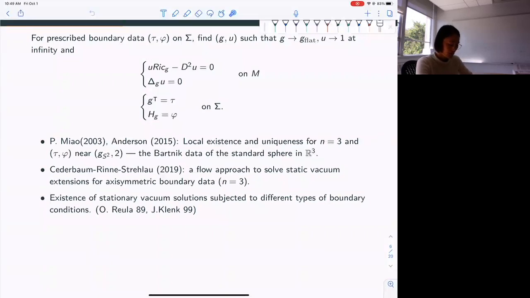And besides that, we have existence of stationary vacuum solutions subject to different choices of boundary conditions. Like, stationary is a more general case than static. Okay, and in the following, I will show you what we have done for the local existence and uniqueness result when we consider boundary data that are close to flat data.